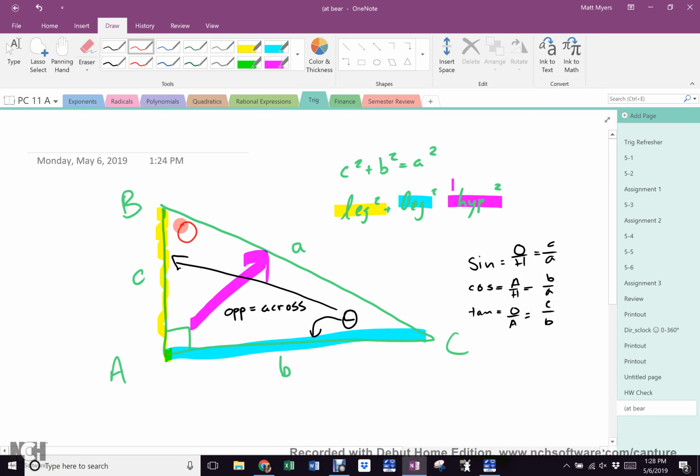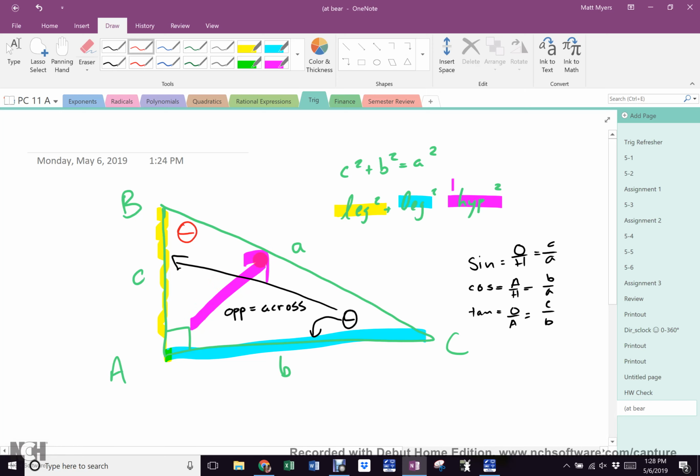Now, if I go to the other spot on the triangle, what changes? Opposite, adjacent, or hypotenuse? Or a combination, or all three? What changes? Say it proud, Kieran. Opposite and adjacent change. Why? Because I am on the other side and the hypotenuse has not moved at all.